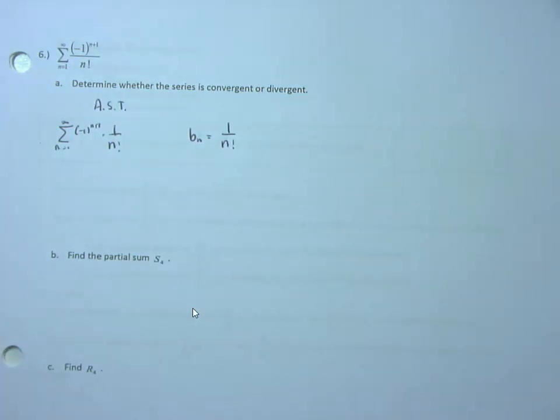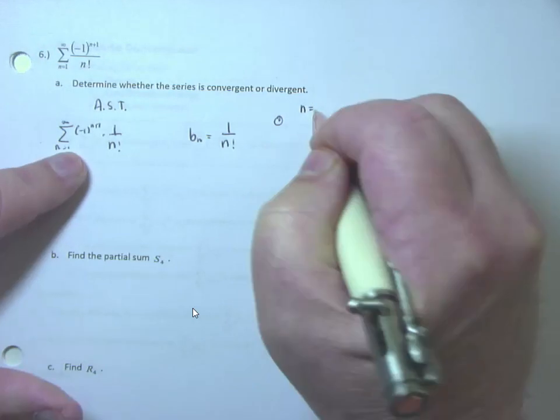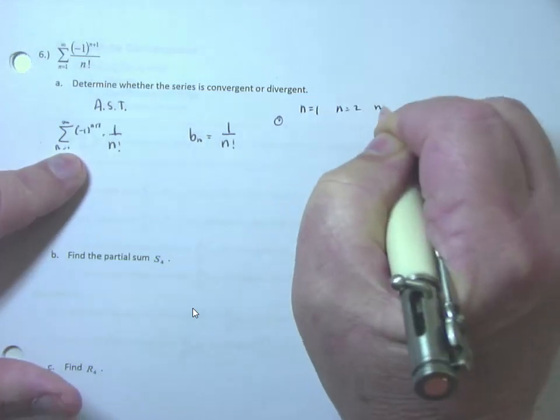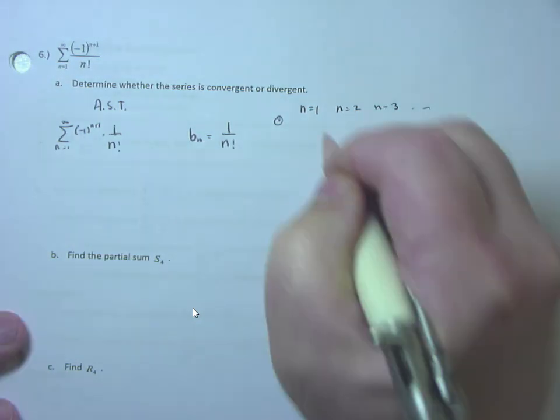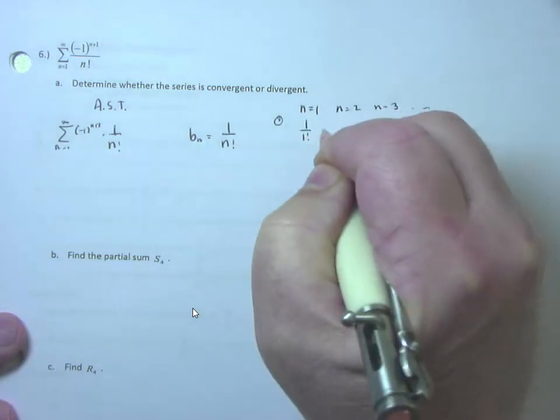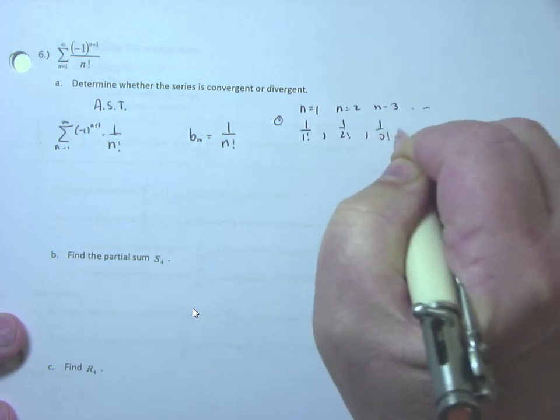To check whether an alternating series converges or diverges, you have to check two things. The first is to write out some terms. This starts at 1, so n equals 1, n equals 2, n equals 3. You want to make sure the terms decrease: 1 over 1 factorial, 1 over 2 factorial, 1 over 3 factorial.